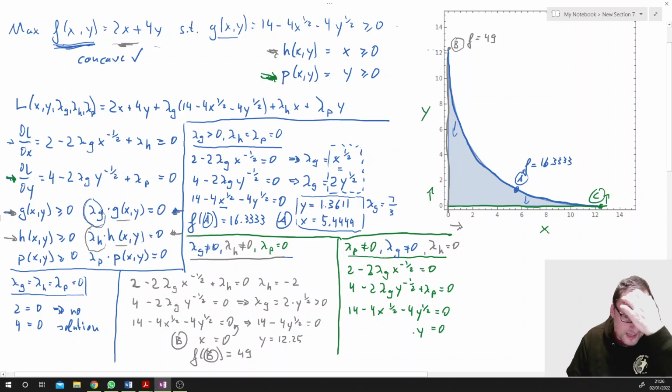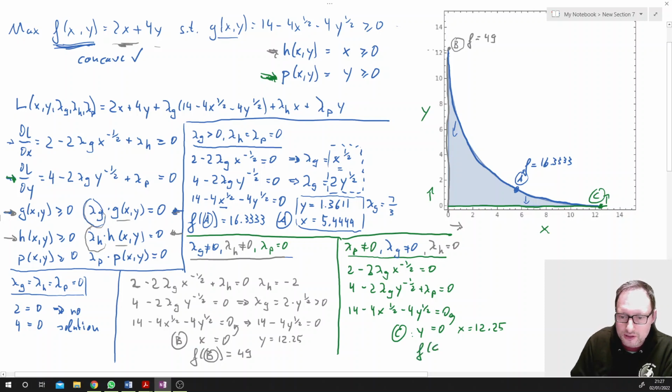So again, we immediately have one coordinate for point C, that is the y coordinate. If you plug that into the constraint, you can see that it's symmetric, so it's perhaps not a surprise to find when you calculate that the x coordinate here is 12.25. So that's the C point. Now what we need is the function value at that point.